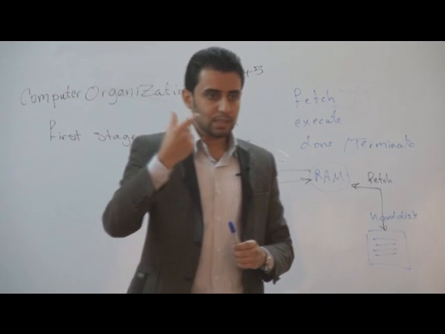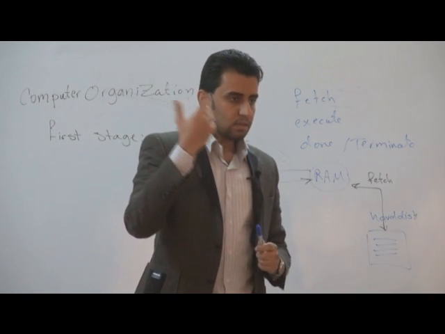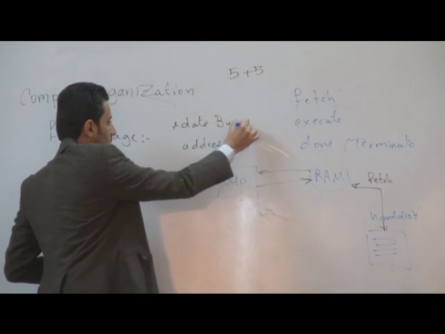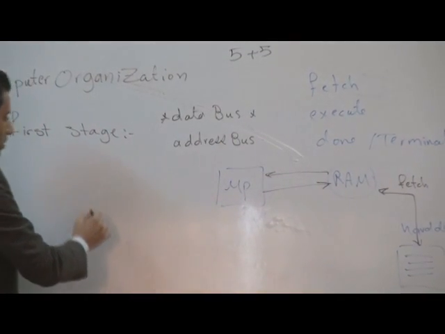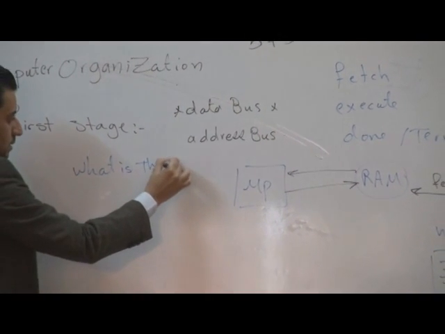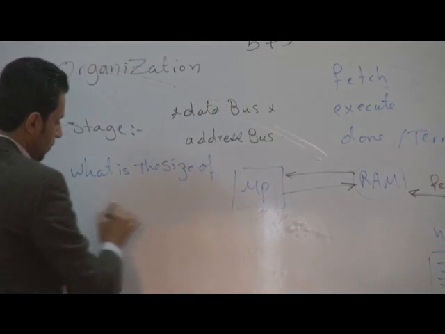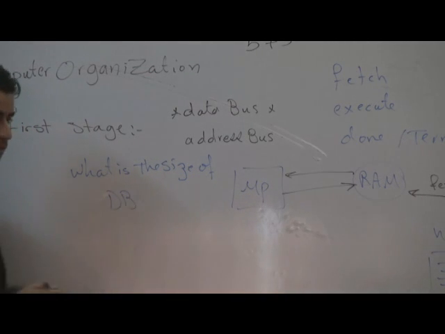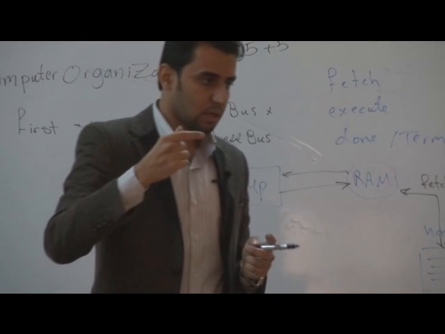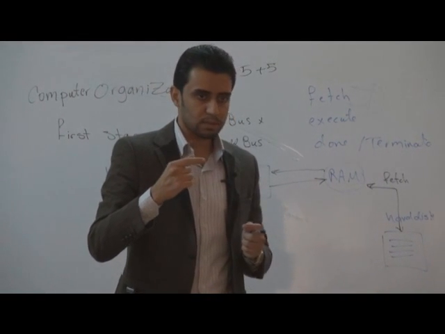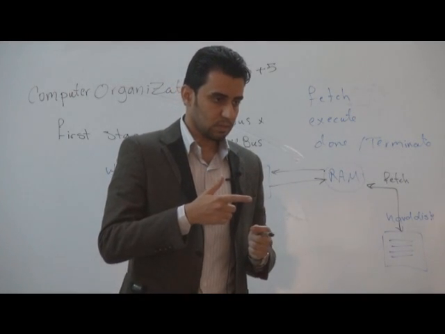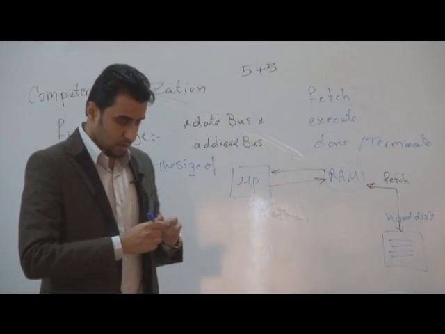Size of data bus. When we say data bus, now we have a question. What is the size of data bus? 8 bits. Okay, right.